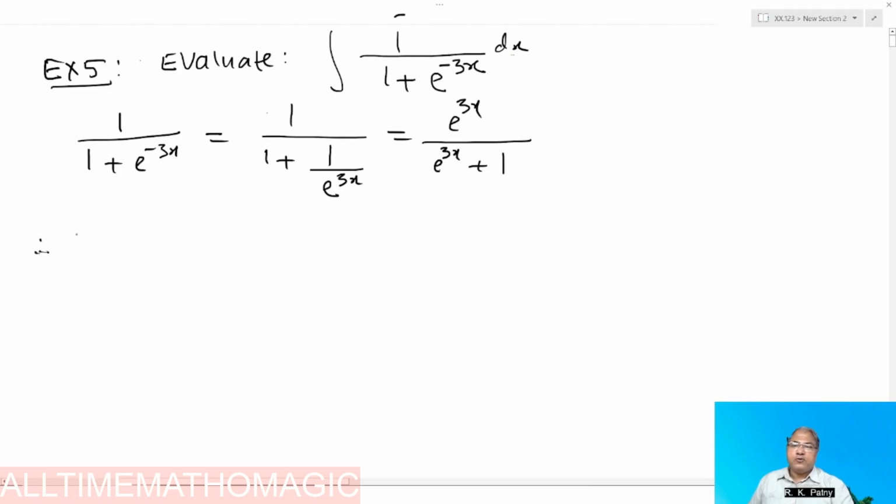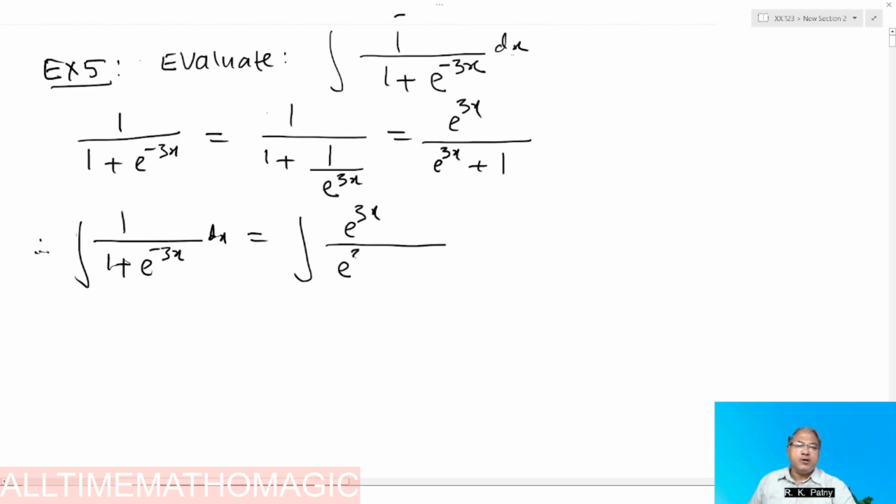Therefore, the integration of 1 upon 1 plus e raised to minus 3x with respect to x is equivalent to the integration of e raised to 3x upon e raised to 3x plus 1 with respect to x. Let e raised to 3x plus 1 equal t.